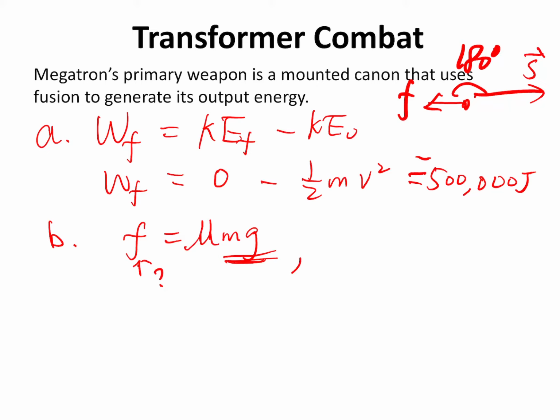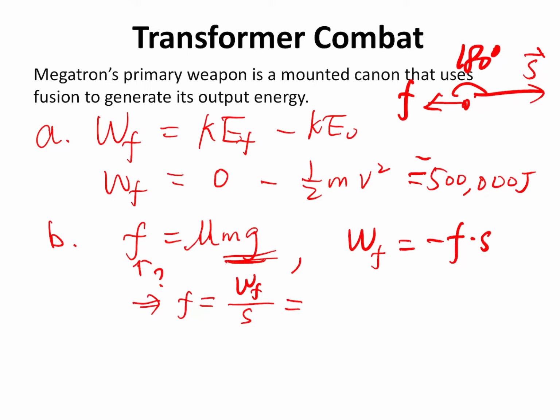Now, we already know the work done by friction, very good. And by definition, work done by friction is friction force times the displacement, which is 25.5, right? So using this information, you can calculate that friction is the work done by friction over this displacement.